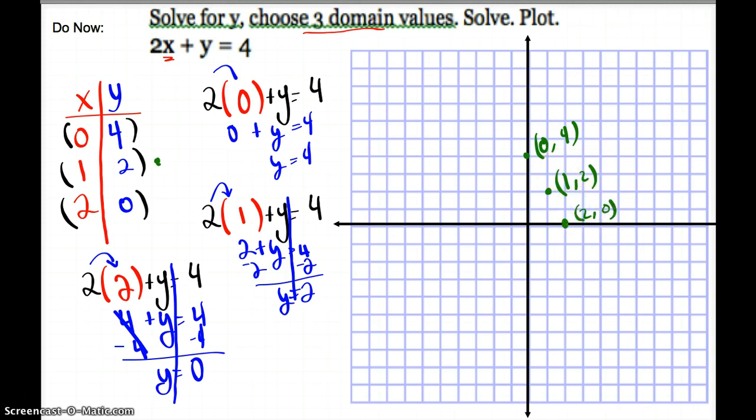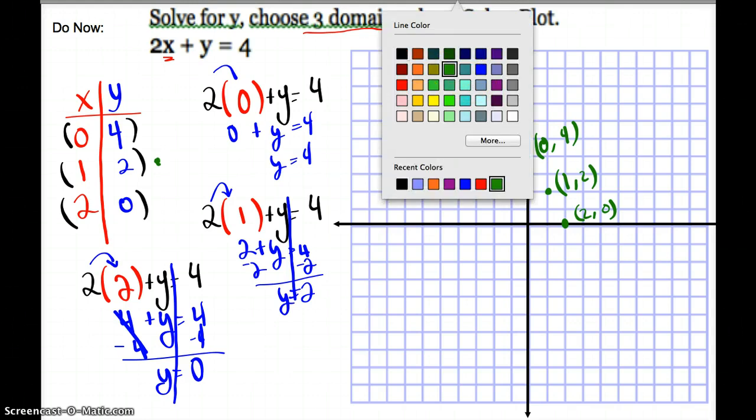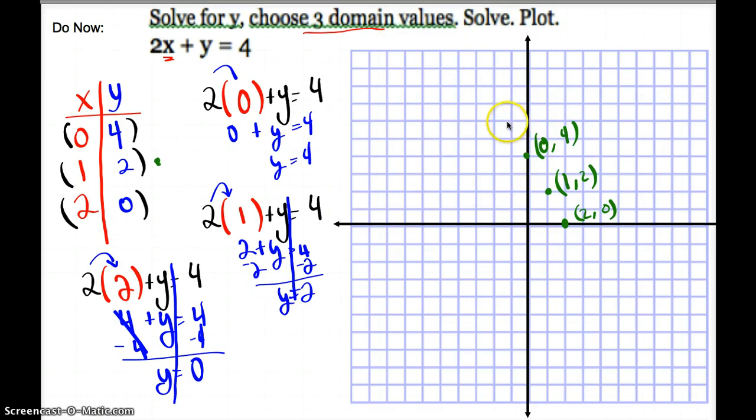And then I'll connect the points. Usually I'll draw them out, but my lines are never straight. There you go. Here's your line.